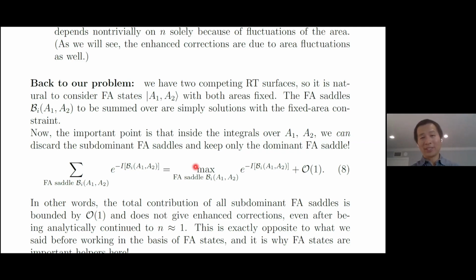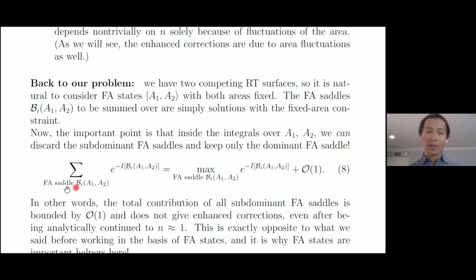Once we're inside the integrals over A1, A2, because we're working with fixed area states, we can discard the subdominant saddles. These are subdominant fixed area saddles, and we can only keep the dominant fixed area saddle.